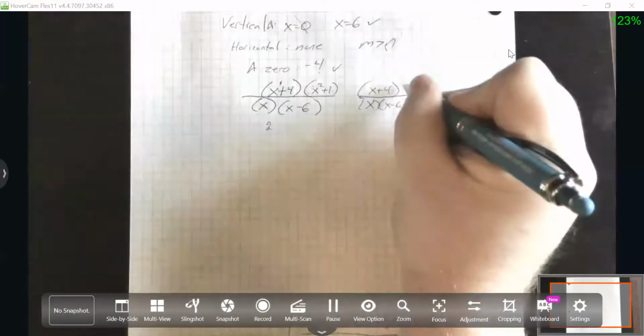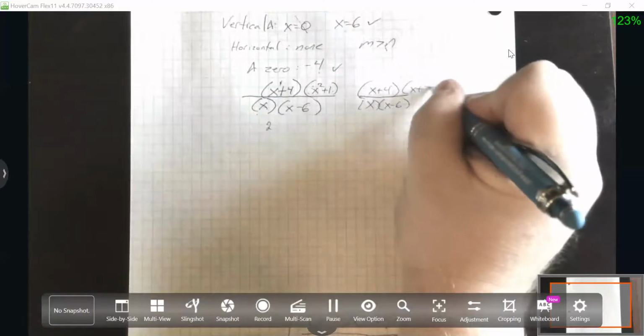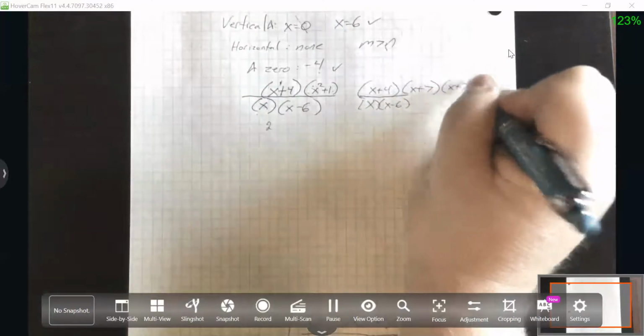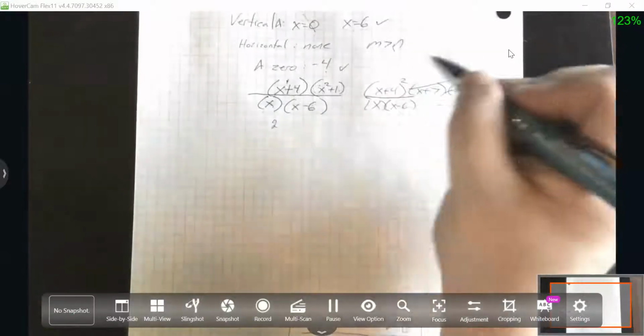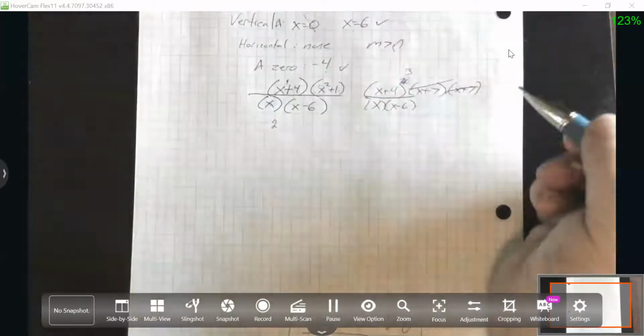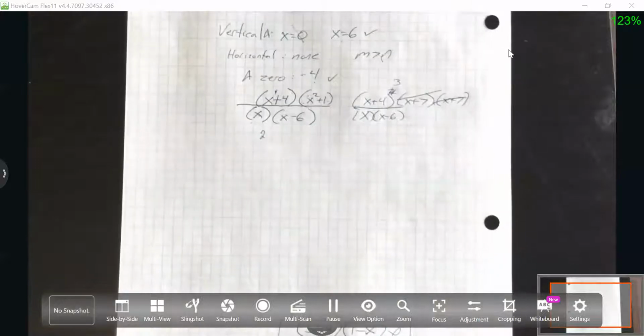I maybe like the number 7. I could do that, and that would work. Or maybe I just want to be lazy and just square the top. Well, that'd make them even, but we need it bigger, so how about I cube the top? So there's a lot of different ways you can do this. So just kind of experiment and try it out and see what you can do with it.